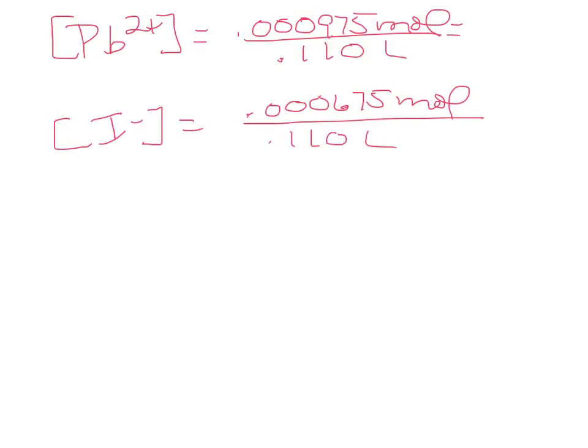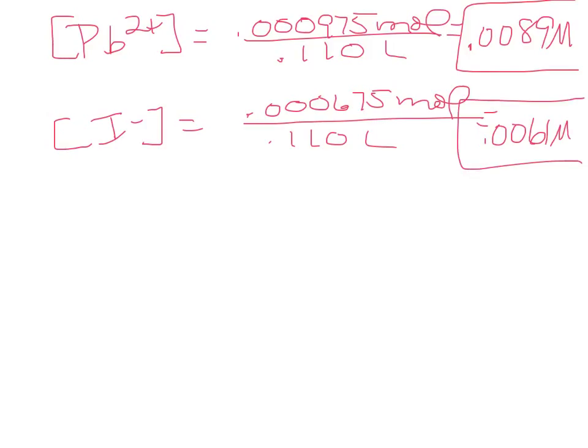And let's see what those values are. All right, so the concentration of the lead ion after mixing those two solutions is 0.0089 molar. The concentration of the iodide ion is 0.0061 molar.